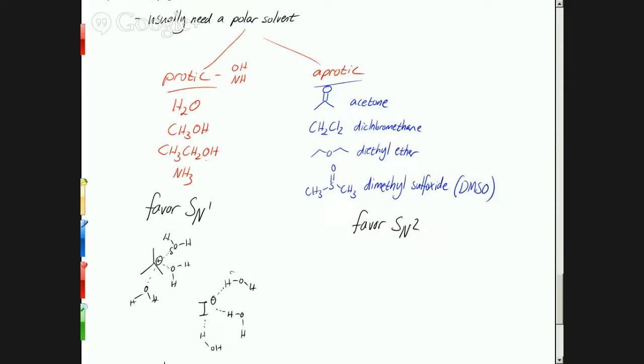That's why even though ether, like diethyl ether or dichloromethane, are somewhat polar, they will still separate from water because water is just that much more polar, like in the separatory funnel. So yes, these can interact a little bit with those carbocations, but not nearly to the extent that these can. So it's going to be a much, much stronger effect.